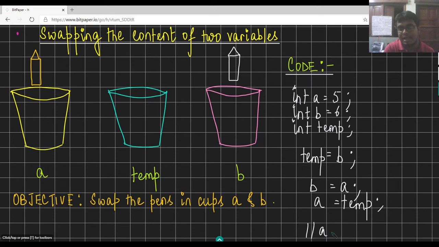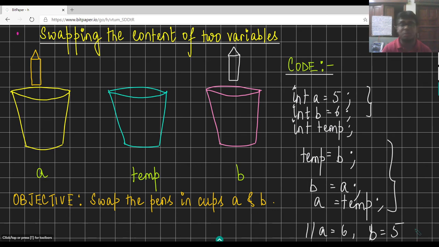In the end, A would have the value of 6 and B would have the value of 5. So, this is the code that is responsible for swapping the values of two variables. The values that we began with, 5 and 6, are interchanged, with A having 6 and B having 5.